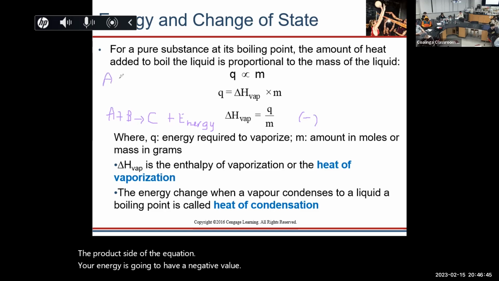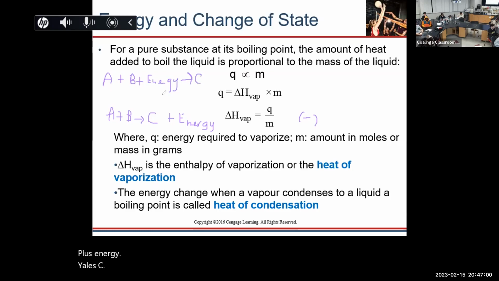So if we have A plus B plus energy yields C, then your energy is going to have a positive value.